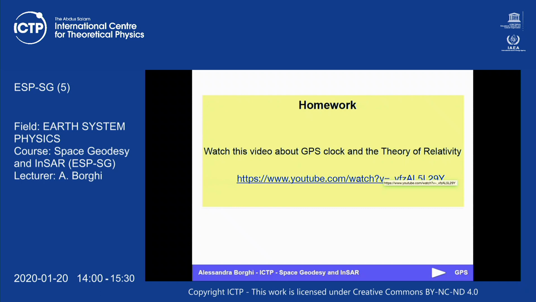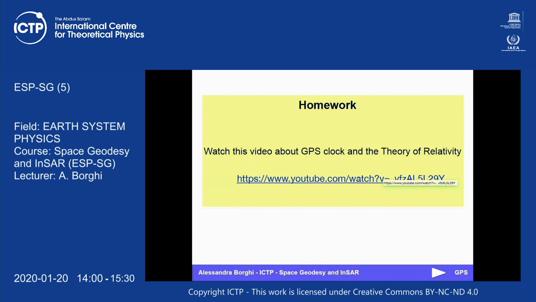So now, okay, this is the end of this first part on GPS. We have seen the system, we have seen the signal, how we can measure the distance between satellite and receiver. That is at the base of our positioning, because we can write the equation of the distance between satellite and receiver, introducing the coordinates.